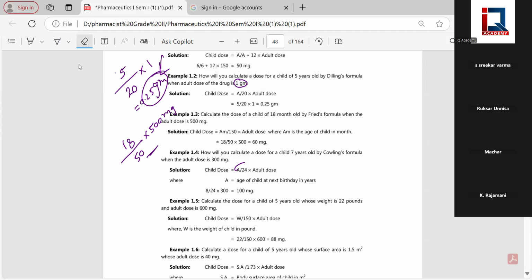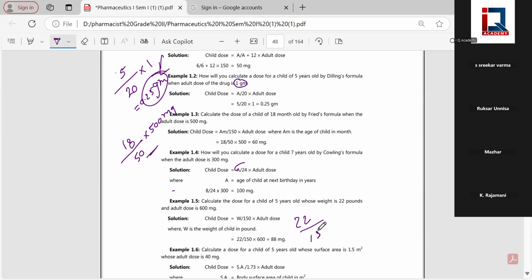So how are they taking it? Have a look. See, the weight of the child is 22 pounds. So 22 by 150 into 600. These are so simple calculations. It is just substituting in the formula.